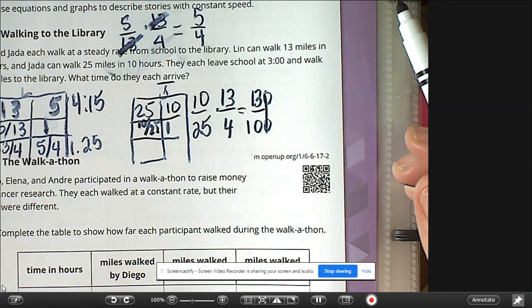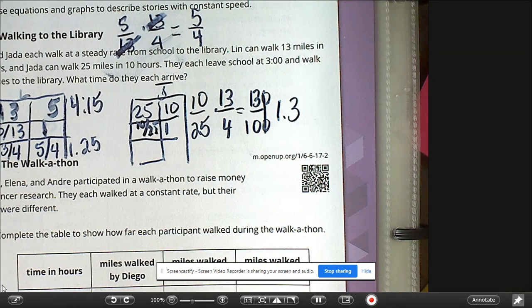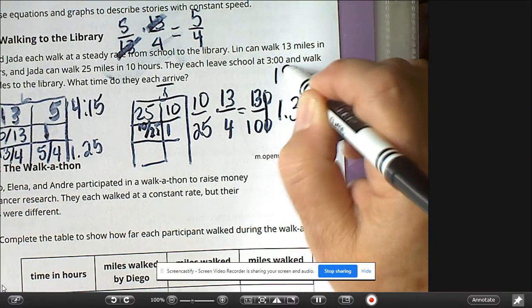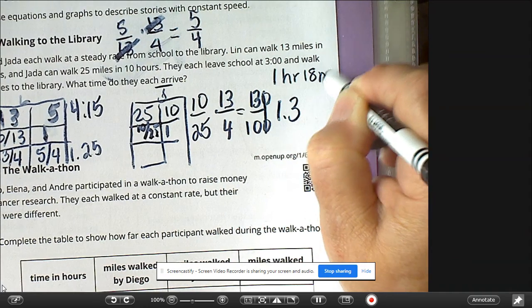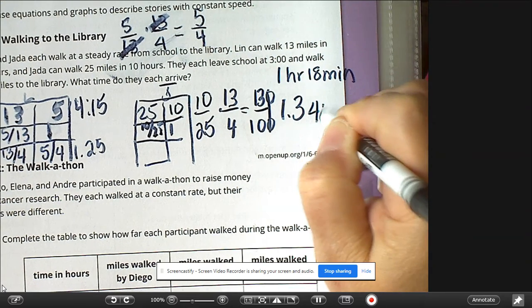So it takes her 1.3 hours, which is 1 hour and 18 minutes. So she arrives at 4:18.